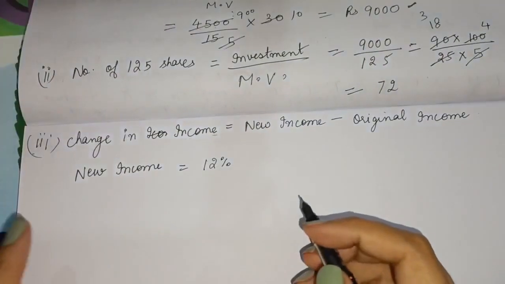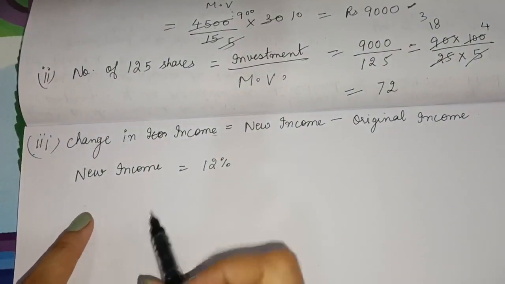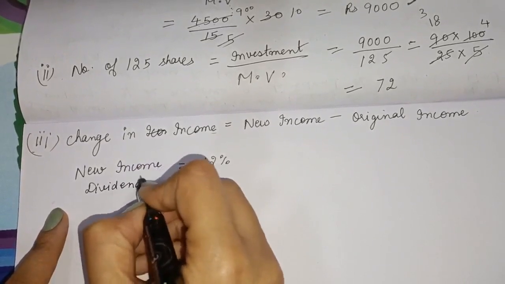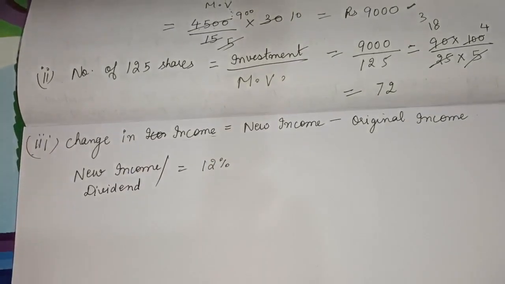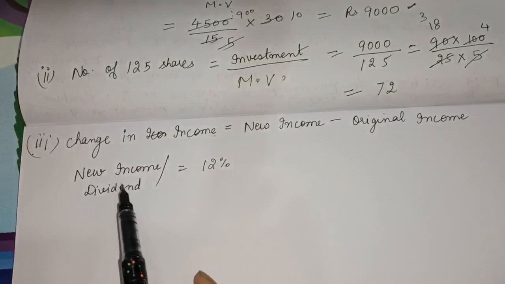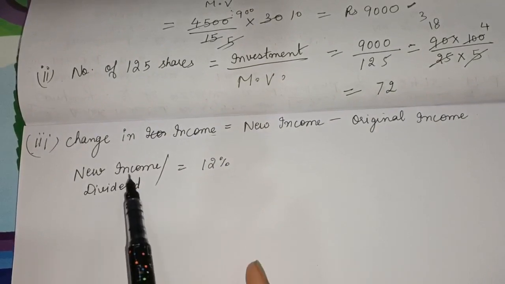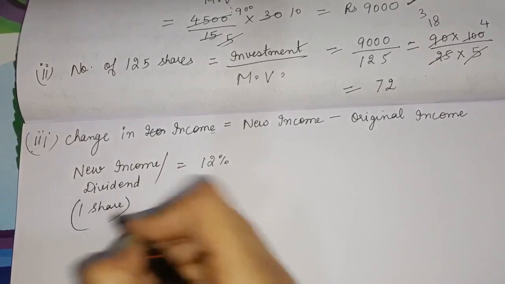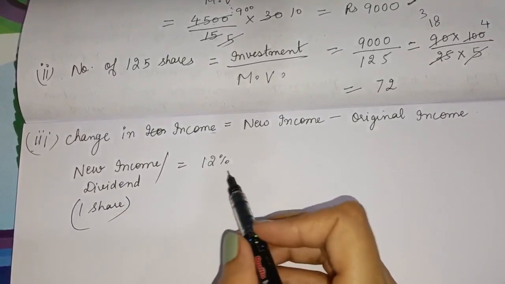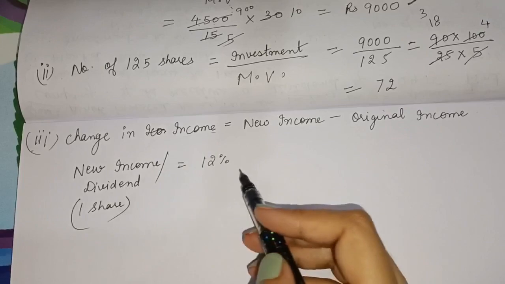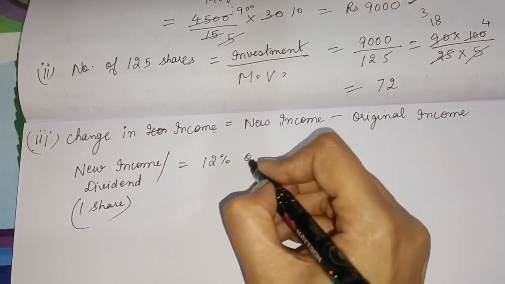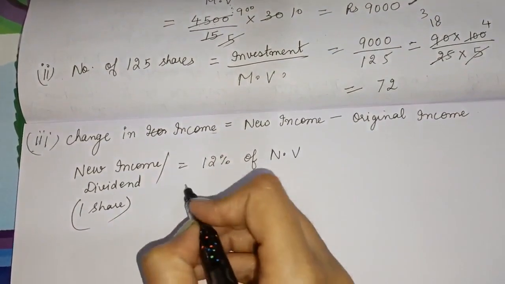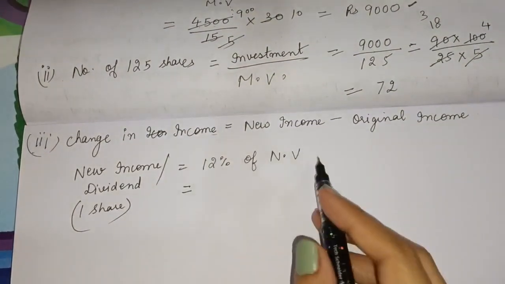Income of one share we'll find first, which means dividend on one share. Dividend, income, return, profit, all words are the same, don't get confused. With the help of the dividend percentage we can find the dividend of one share, because it is always expressed as a percentage of nominal value. So new income is 12% of one share.